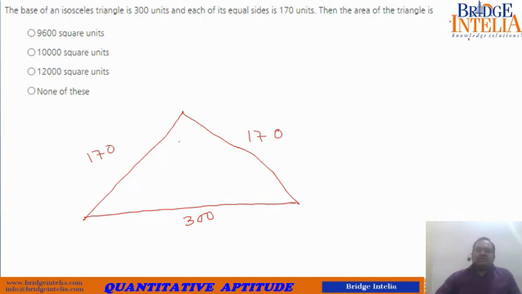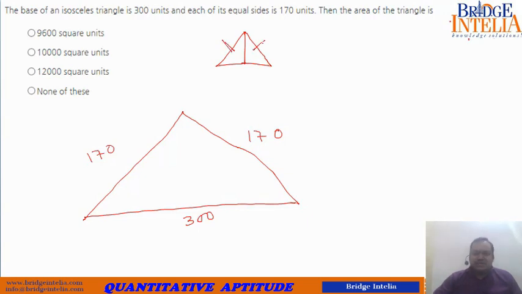Now understand, so what is the unique property of an isosceles triangle? Basically an isosceles triangle can be thought of as being made of two identical right angle triangles. See, this is a right angle triangle. If you add another such right angle triangle to this, this is the real essence of an isosceles triangle.